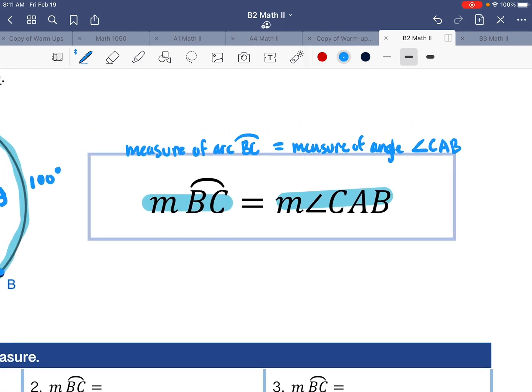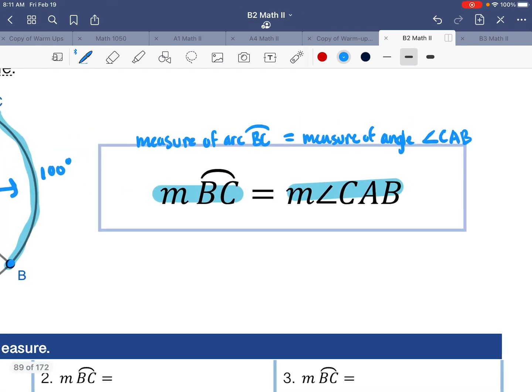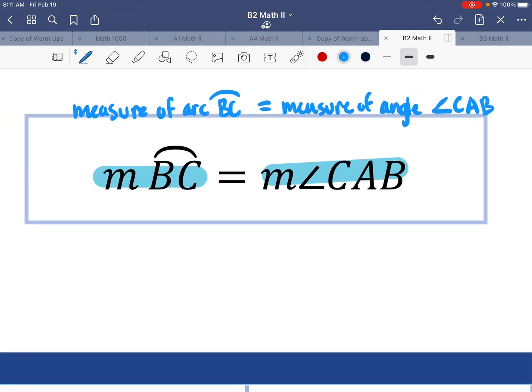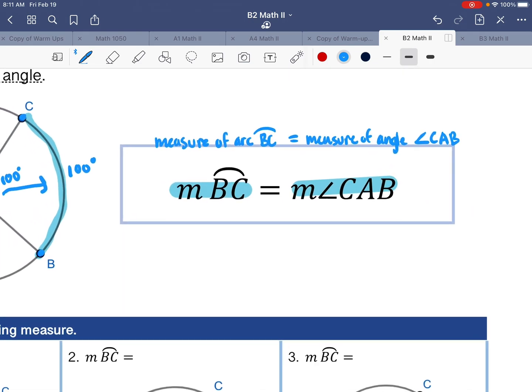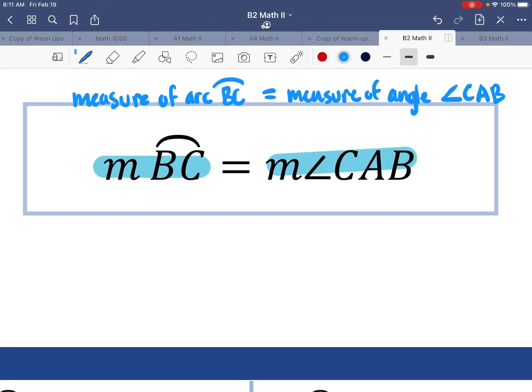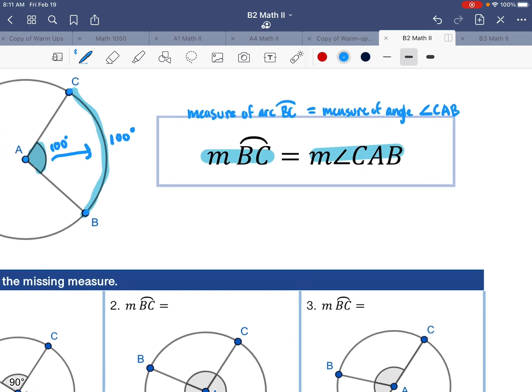Those little m's are just talking about the measure of, because we will have different things like arc length instead of arc measure, so we need to know that it's measure. And we are just using degrees when we measure angles.